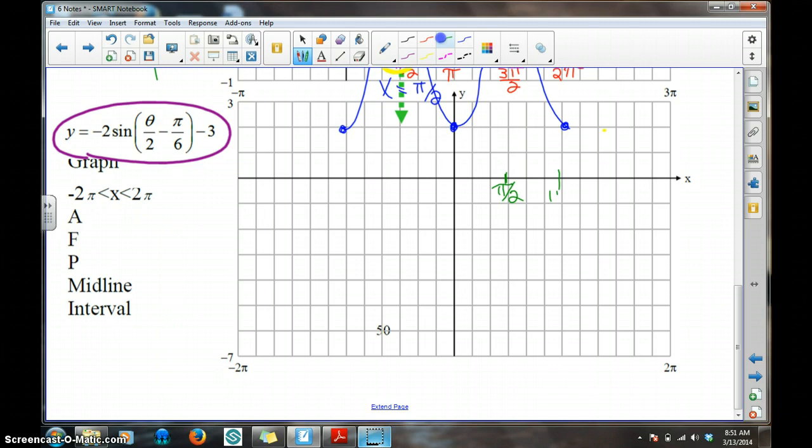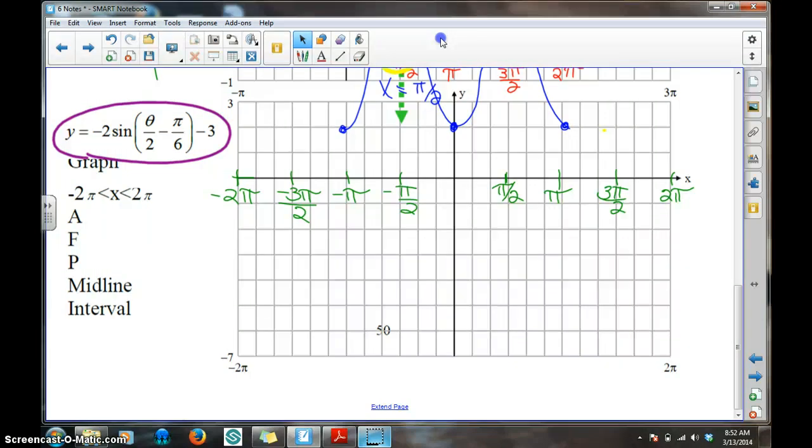And this one is asking me to graph from -2 pi to 2 pi, so I have to label all the way across. Again, every 3 boxes you're putting in a pi over 2, or a half pi. Every 3 boxes is a quadrant.